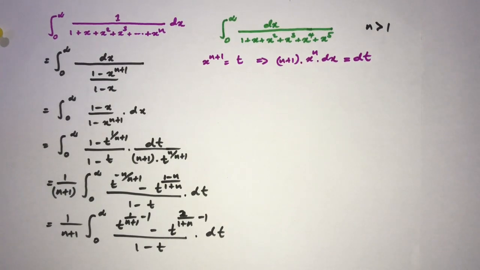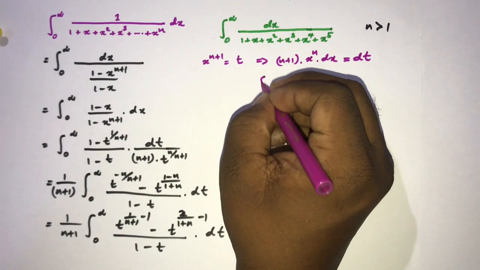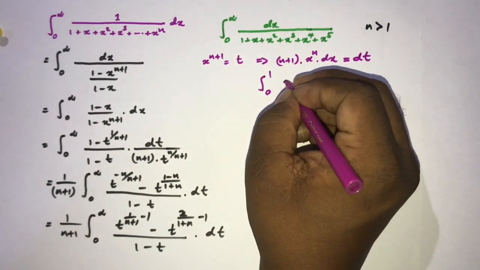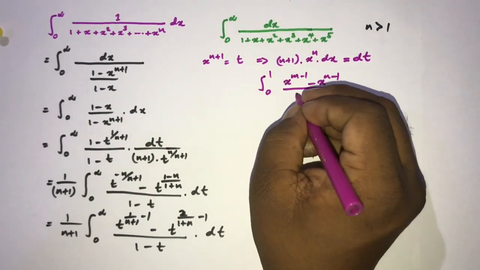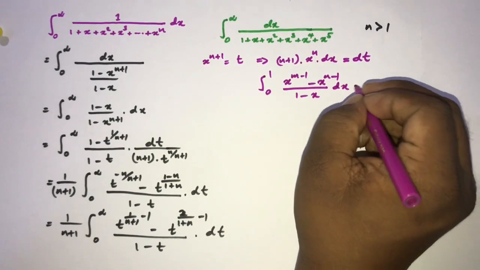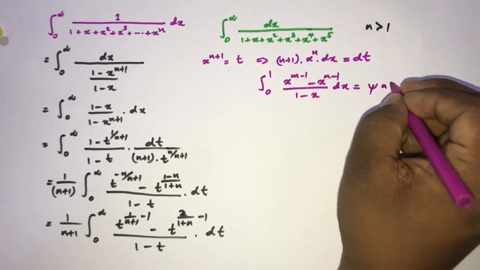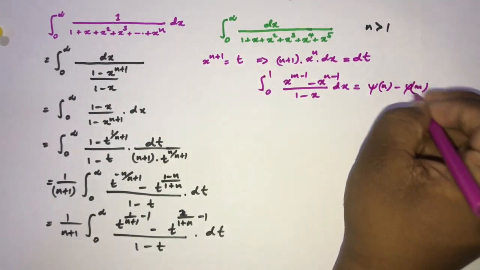Now I think this is familiar to us, because last week we evaluated an integral and used this identity, but in that question the limits were from 0 to 1. That is the integral from 0 to 1 of x to the m minus 1 minus x to the n minus 1 over 1 minus x dx, which is equal to digamma of n minus digamma of m.